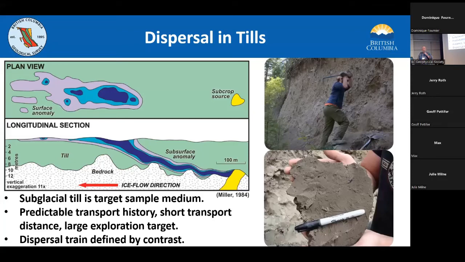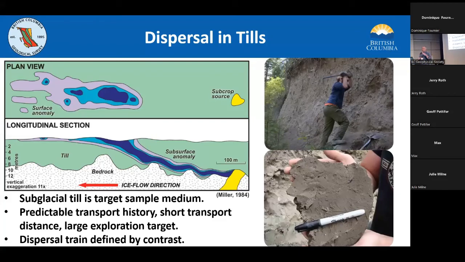The last point, ice flow, super important. So I missed this and I should have described it better. We have a lot of other data that we use to figure out ice flow direction. One of the big data sets we use is called an ice flow indicator data set. These are features that we observe in bedrock outcrop. They're also features that we observe in landforms that are created by a moving glacier.